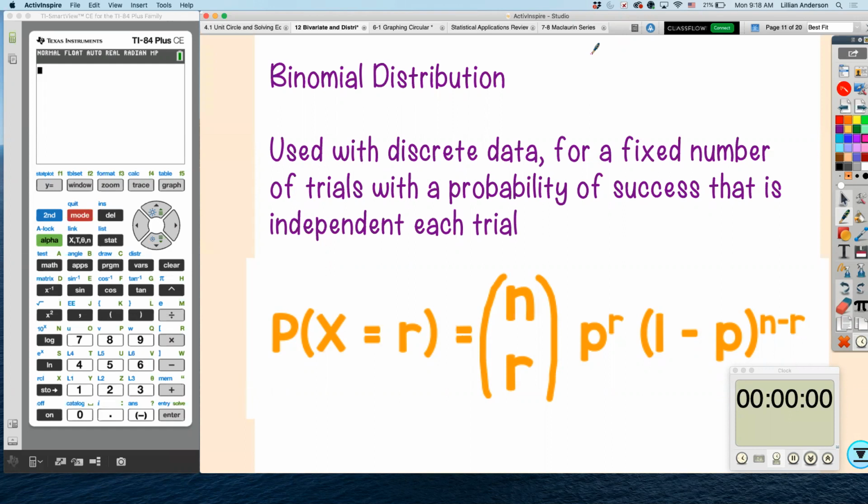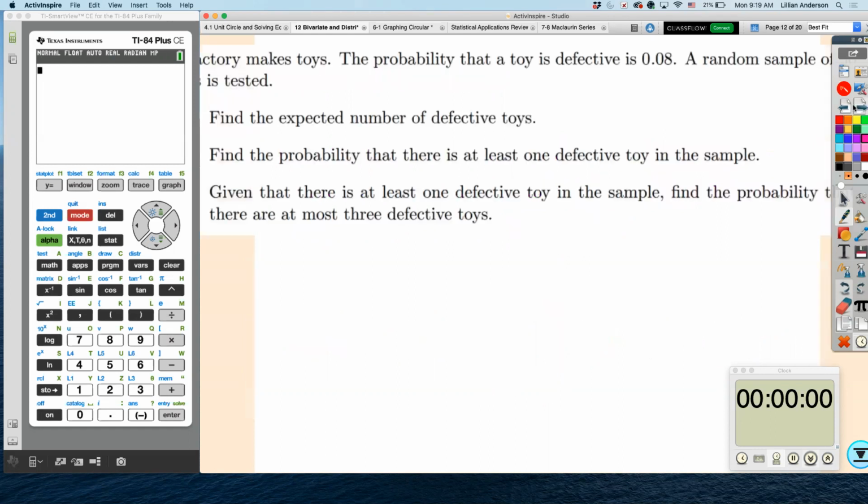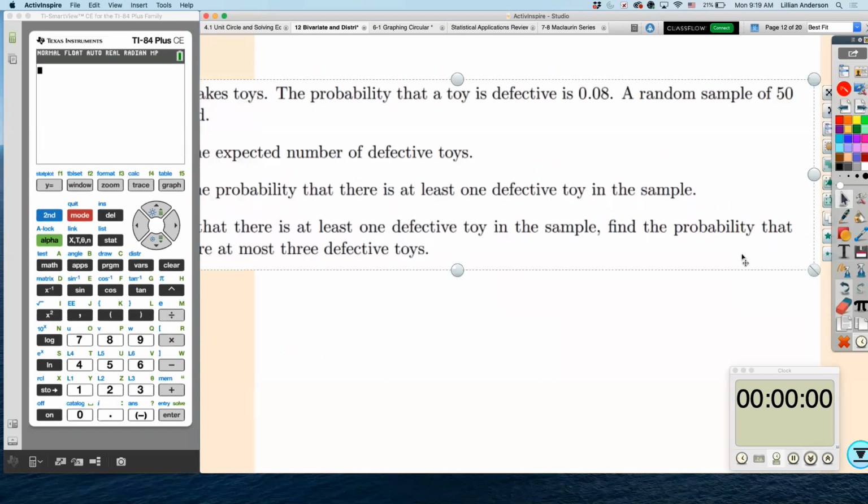N choose R, your number of trials and however many outcomes you're looking for, times the probability of success raised to that number of outcomes, times 1 minus that probability of success, raised to your number of trials minus your respective outcome. Okay? So again, N is your fixed number of trials, your probability of success is P, and R represents your respective value. That's really all you need to know.